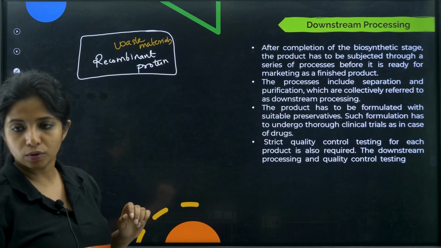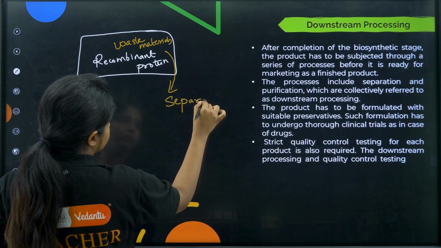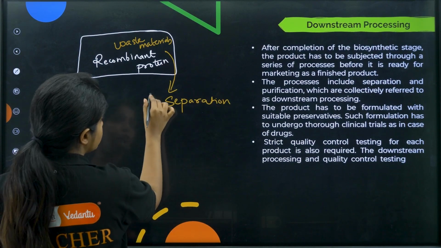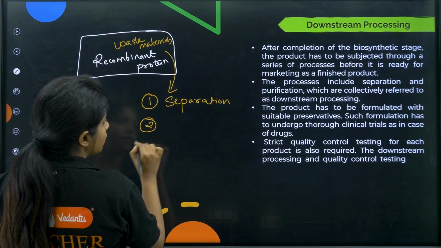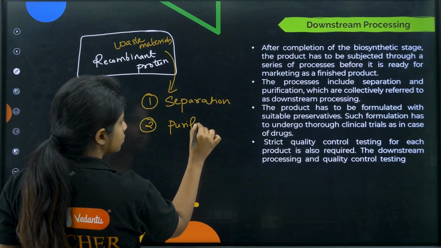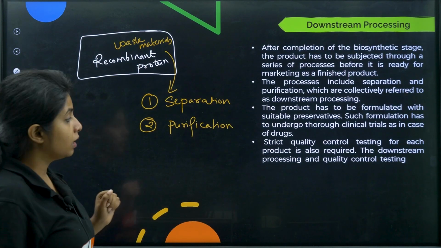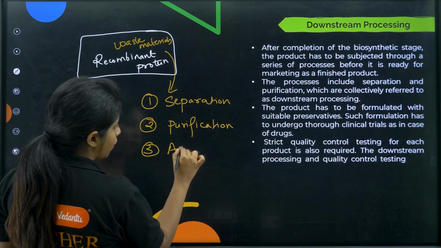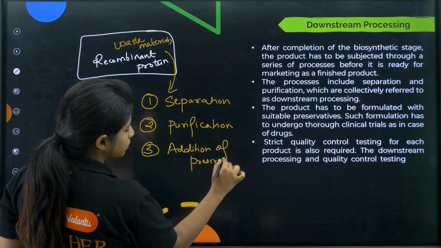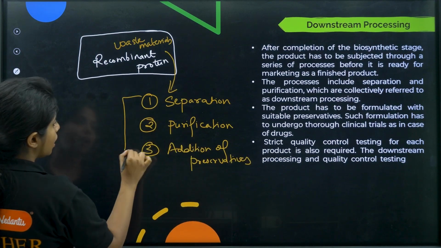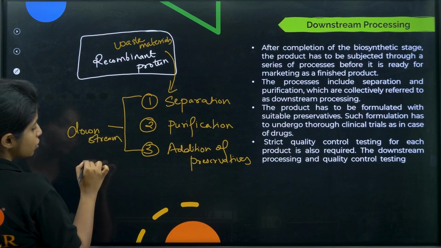So the process of separation of the required protein is one step. The second thing is purification of this. Also, after you have purified, you have to preserve it, so addition of preservatives. All of this comes under downstream processing.